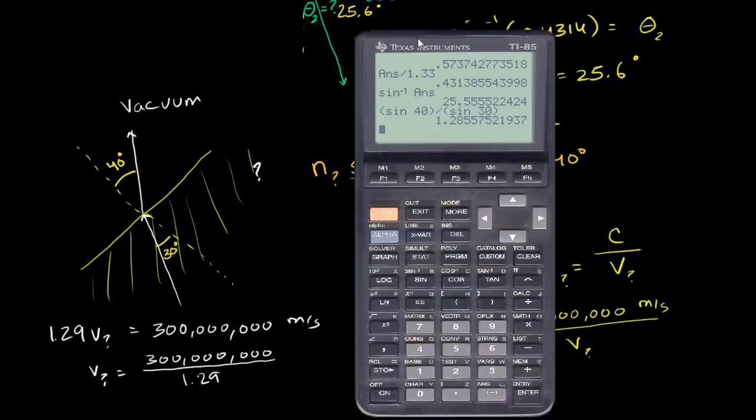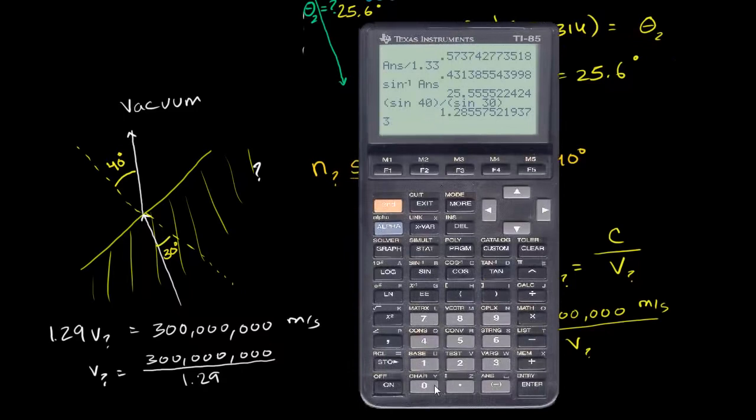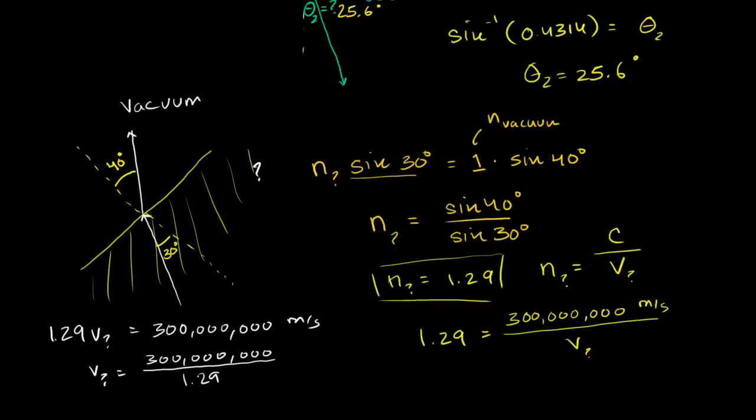So in this material, light will travel 300 million divided by 1.29, a super slow 232 million meters per second, approximately.